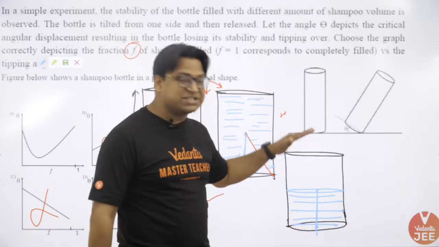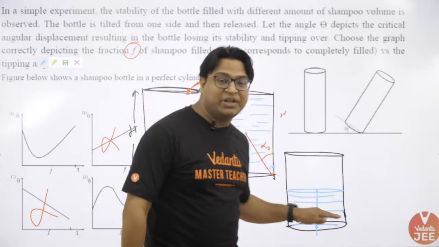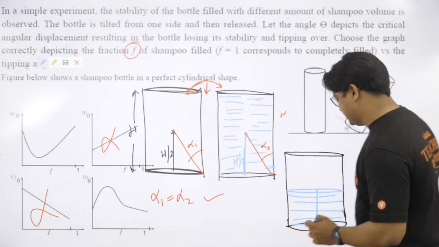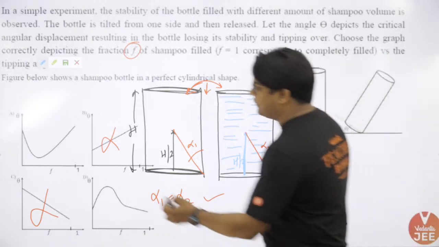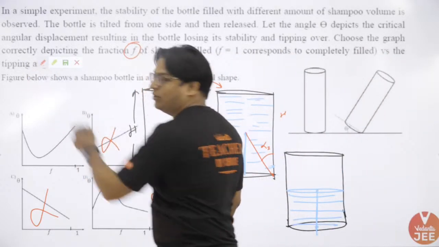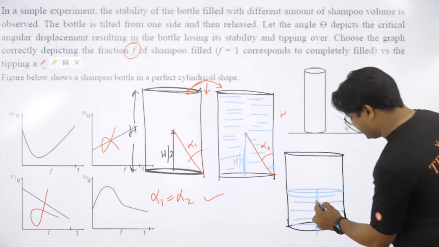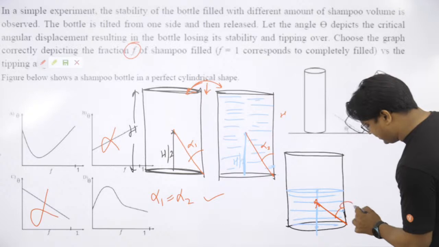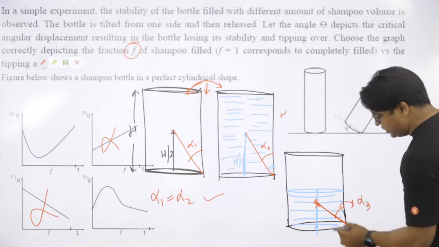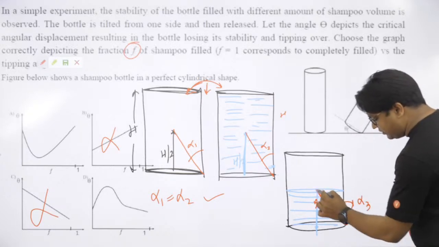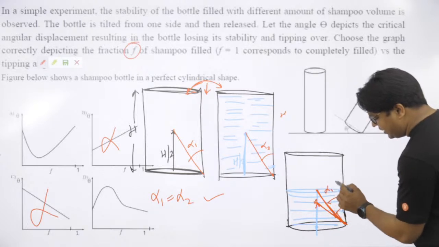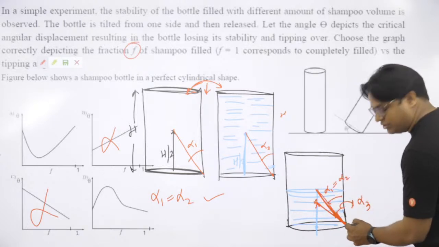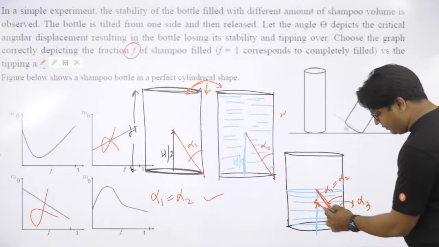So the center of mass is definitely somewhere below the midpoint of the axis. Let's say the center of mass is probably somewhere here. If I call this angle alpha 3, my previous angles were alpha 1 and alpha 2, measured from this position. Now we are measuring it from this.